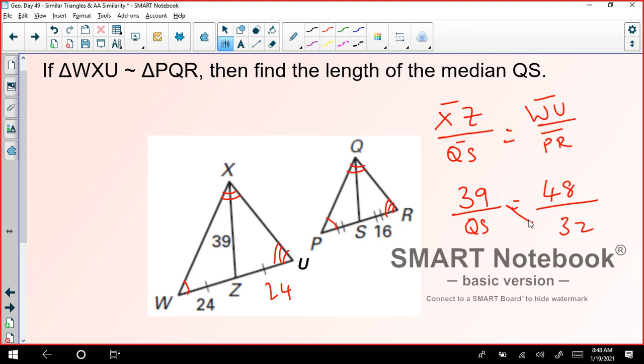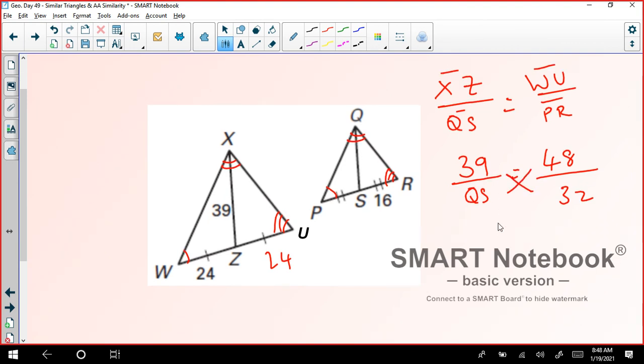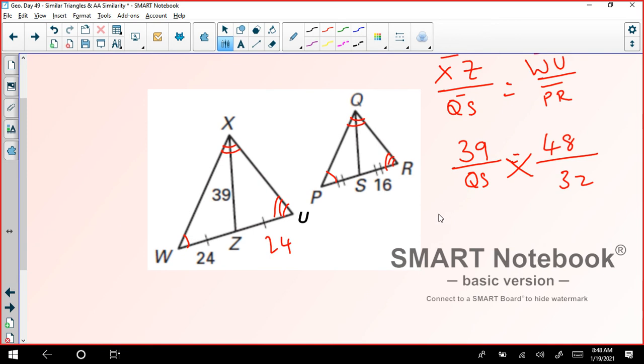Further, we can cross multiply to get 39 times 32 equals 48 times QS. And finally, you can get QS by dividing 48 on both sides.